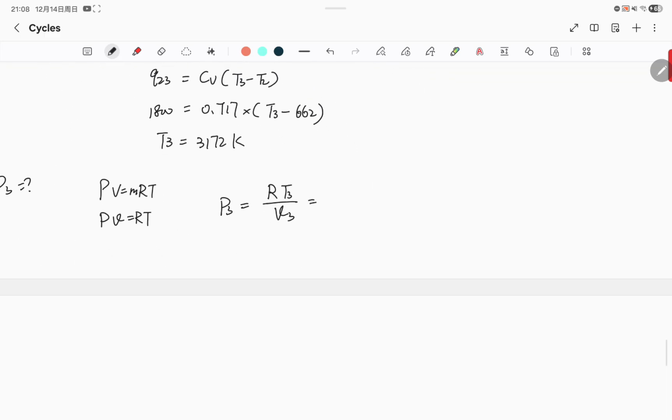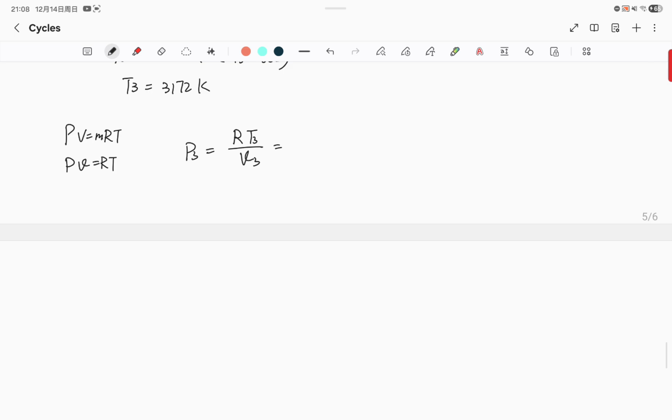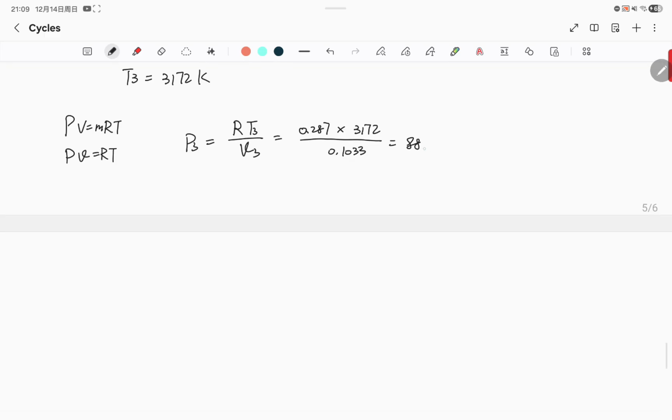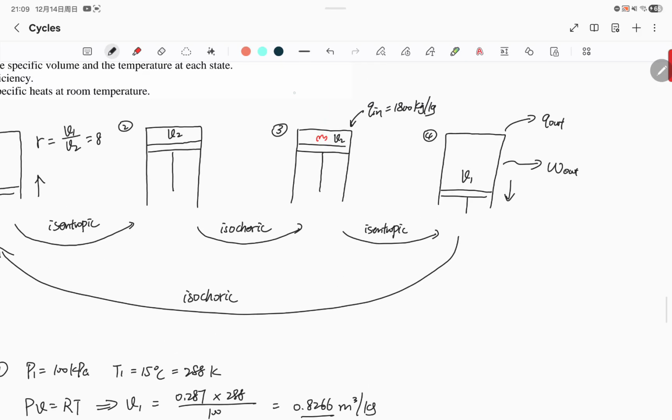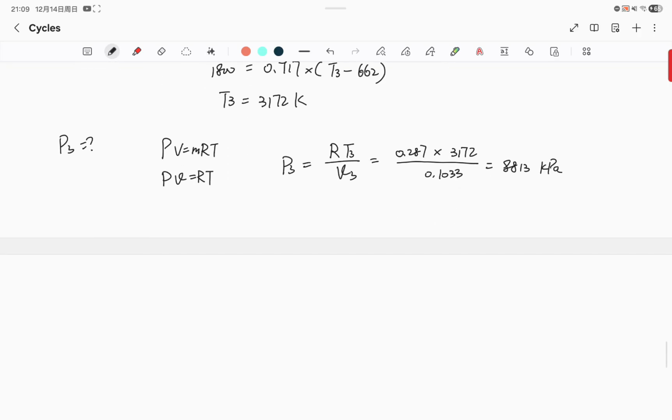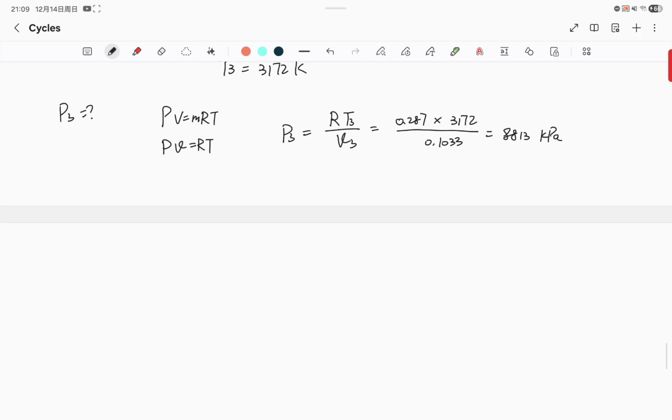V3 is the same as V2. So we're gonna have a very big value for pressure. Because we have extreme conditions here. Ignition, when you see ignition, that means high pressure, high temperature. So that's done for state 3.